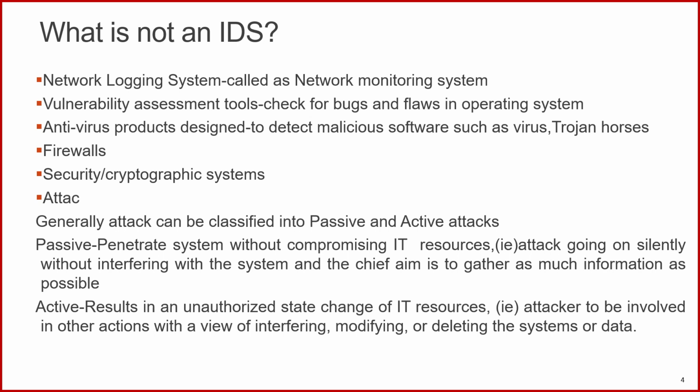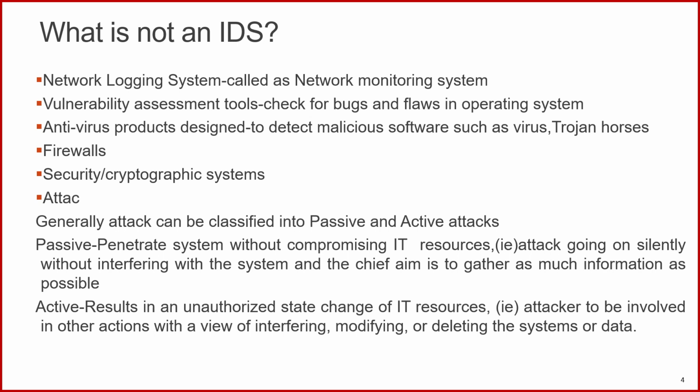Attacks can generally be classified into two types, that is, passive attacks and active attacks. Passive attacks penetrate the system without compromising the IT resources. That is, it attacks silently and without interference.